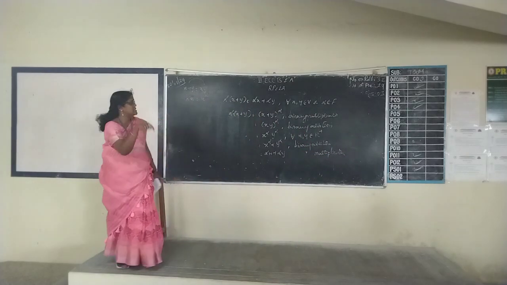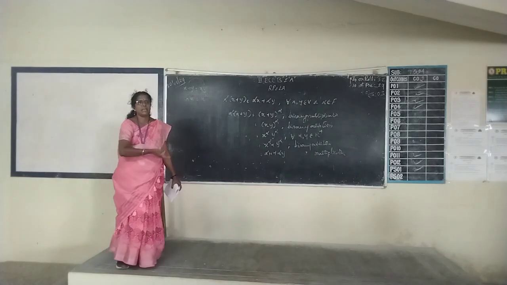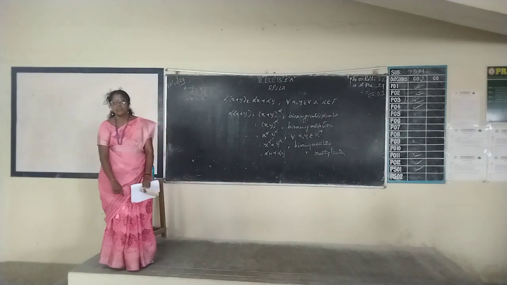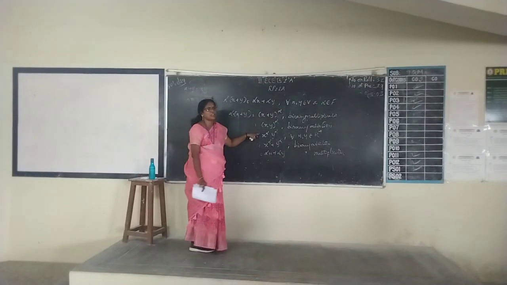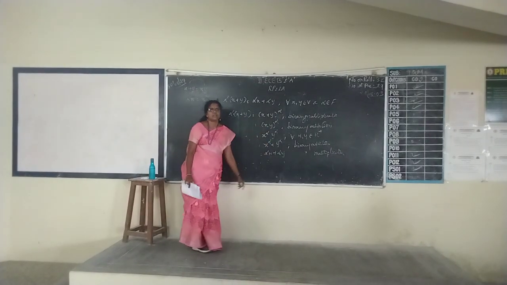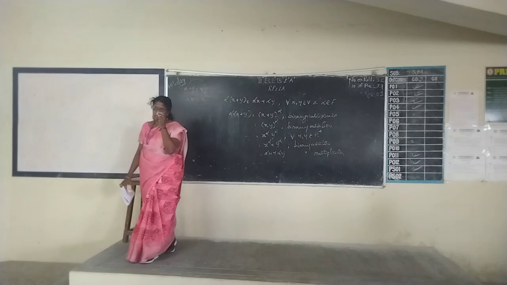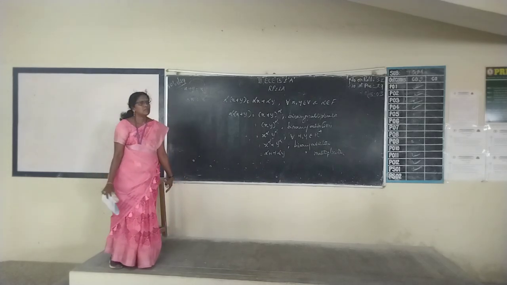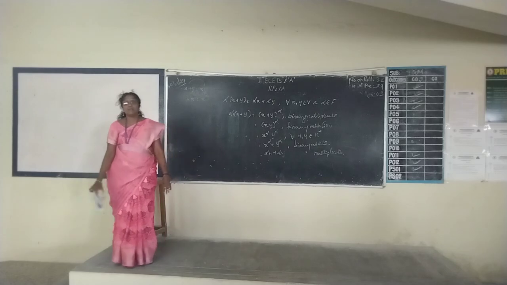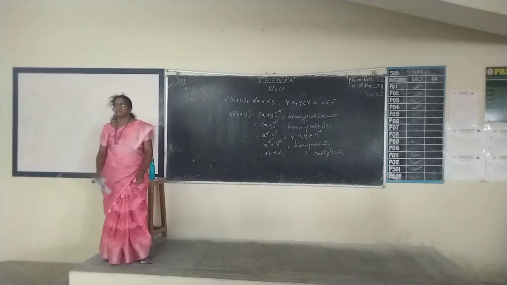I have given the reasons there. It is not compulsory that you write that one. It's only for your understanding: how we are converting from this step to this step, and what operations we are applying. That is what we are doing. Is it clear, ma? Any doubt?